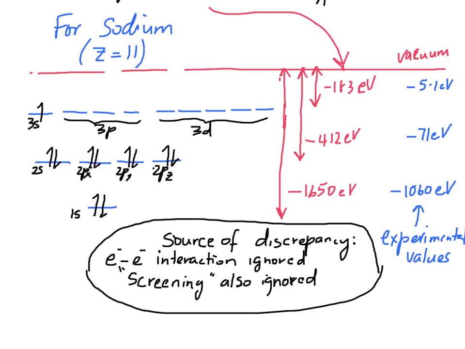Let me very briefly point out why it is difficult to solve the Schrodinger's equation for anything other than hydrogen. In fact, why does the solution cease to be analytical? Why do we have to resort to numerical routes to solving the Schrodinger's equation for anything other than hydrogen?